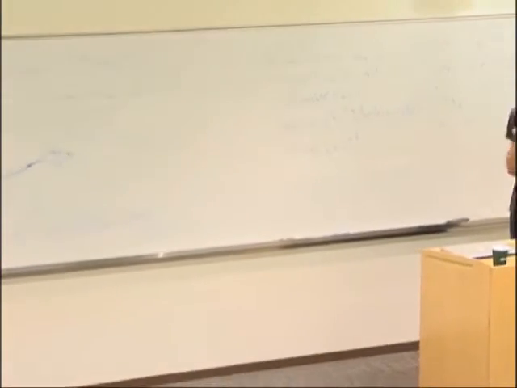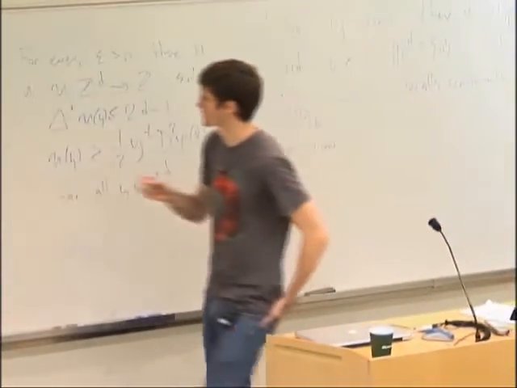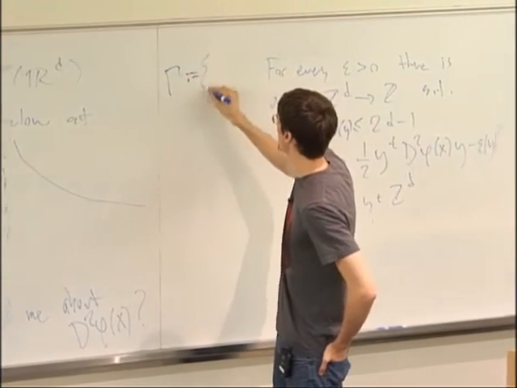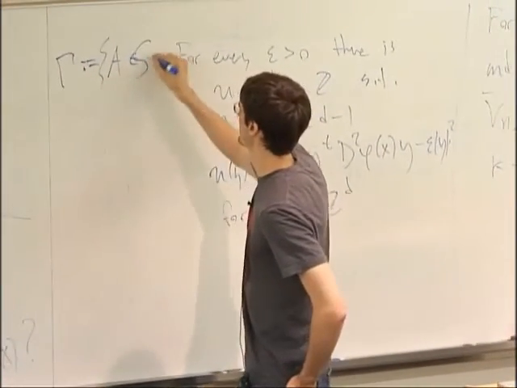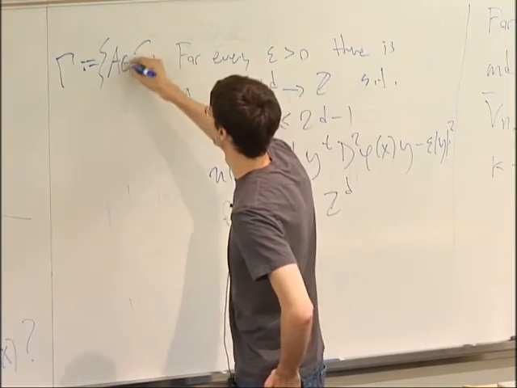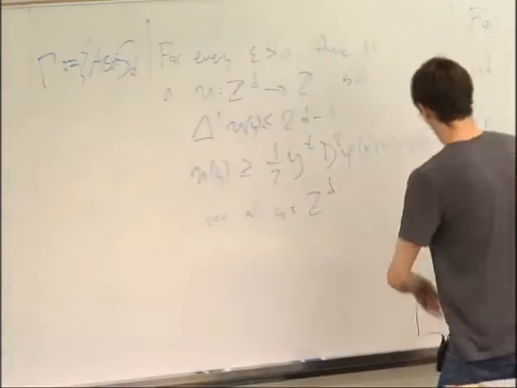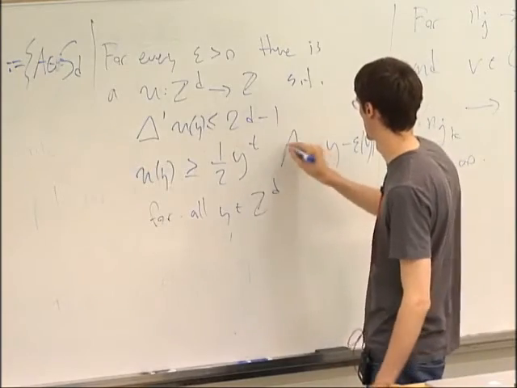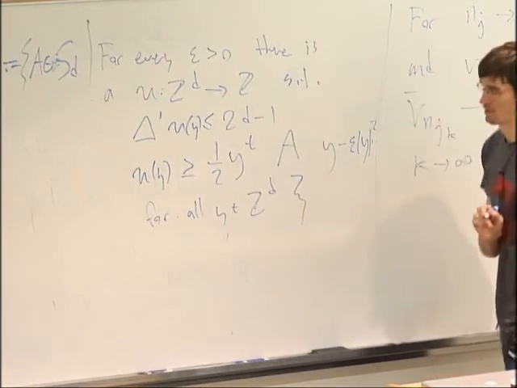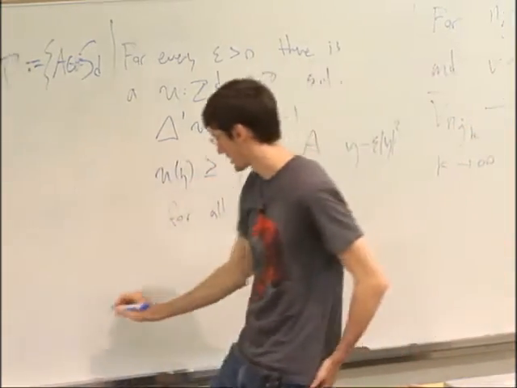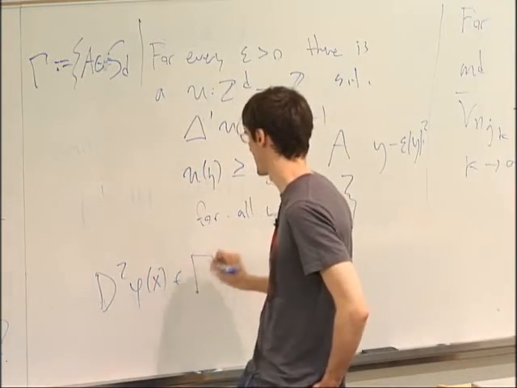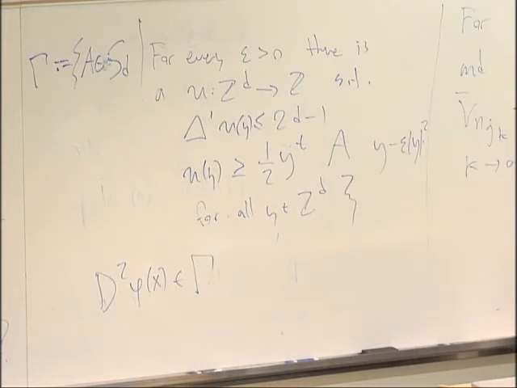Now I want to turn this into a definition, so I want to actually write this as a set. I'm going to define gamma to be the set of symmetric d by d matrices such that this is true, where I put this matrix here. And what I get from this calculation is that the Hessian is in this set gamma.